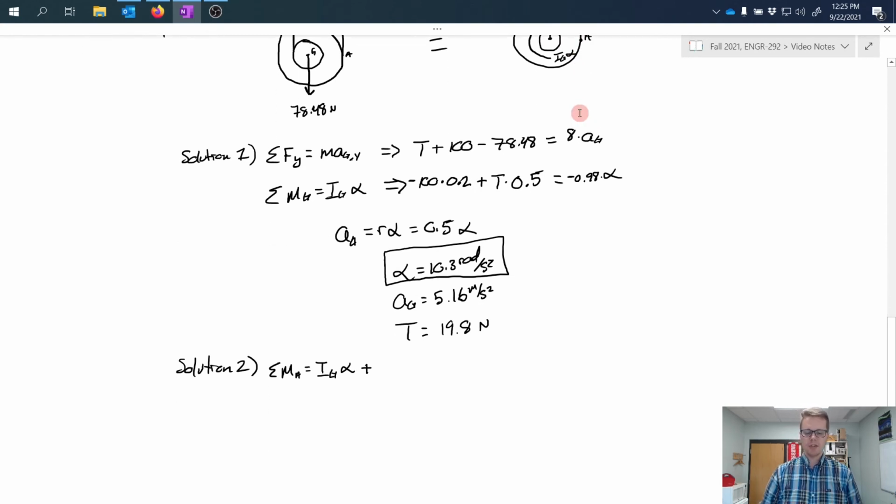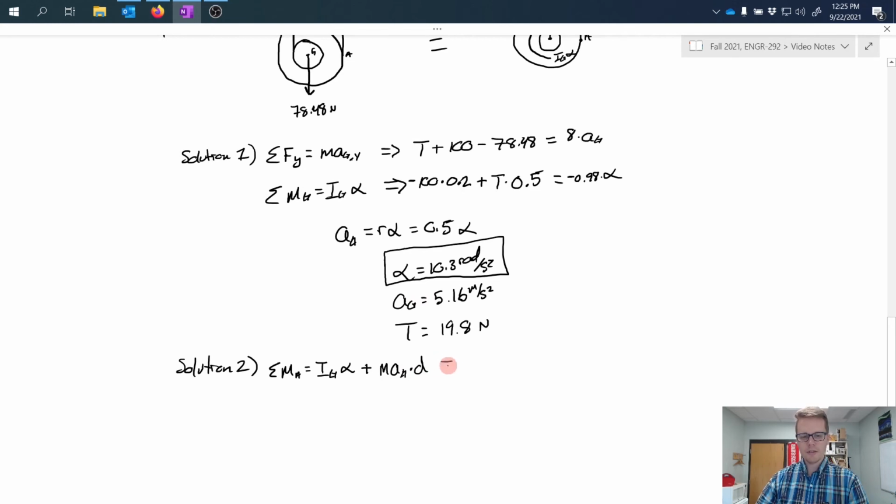And I can take that into account by multiplying the mass and the linear acceleration by the distance between those two.